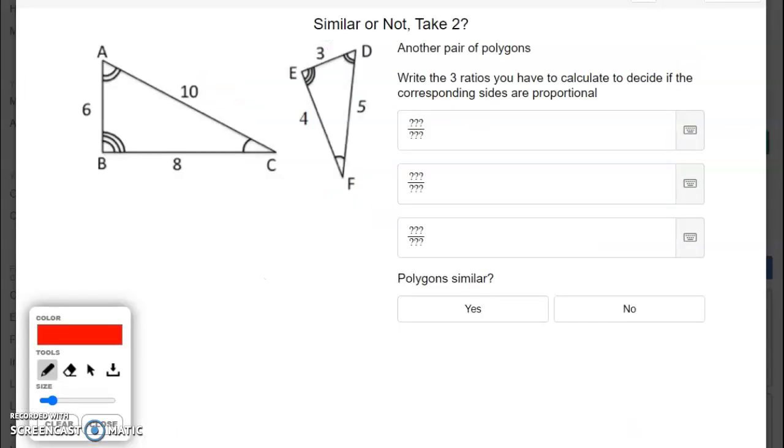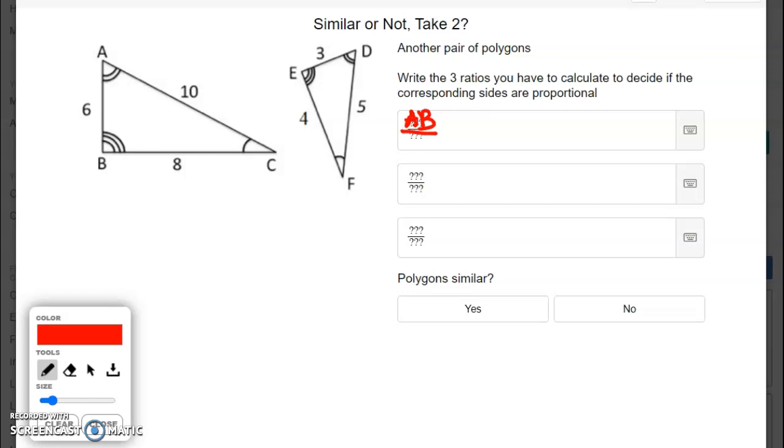Okay, write the three ratios you have to calculate to decide if the corresponding sides are proportional. So let's start with AB over the corresponding side. AB is opposite the angle with one arc. The angle with one arc is here.